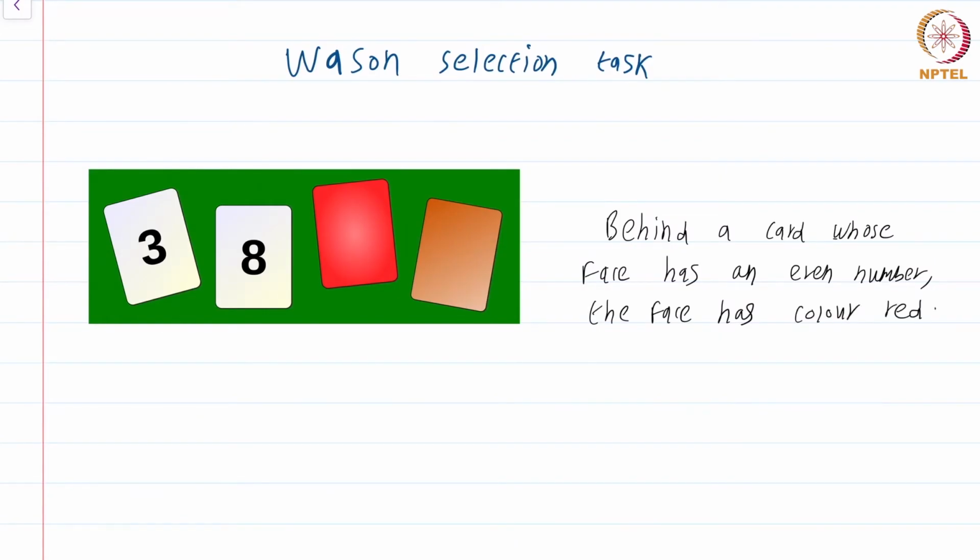That is, whenever you see one face that has an even number, then the opposite side must be red in color. Suppose you are asked to test this proposition for the 4 cards that you see here.